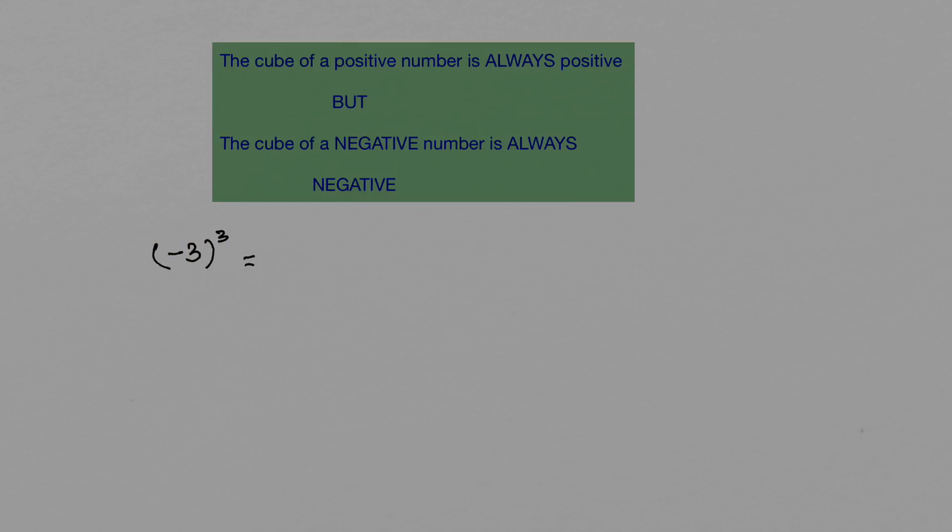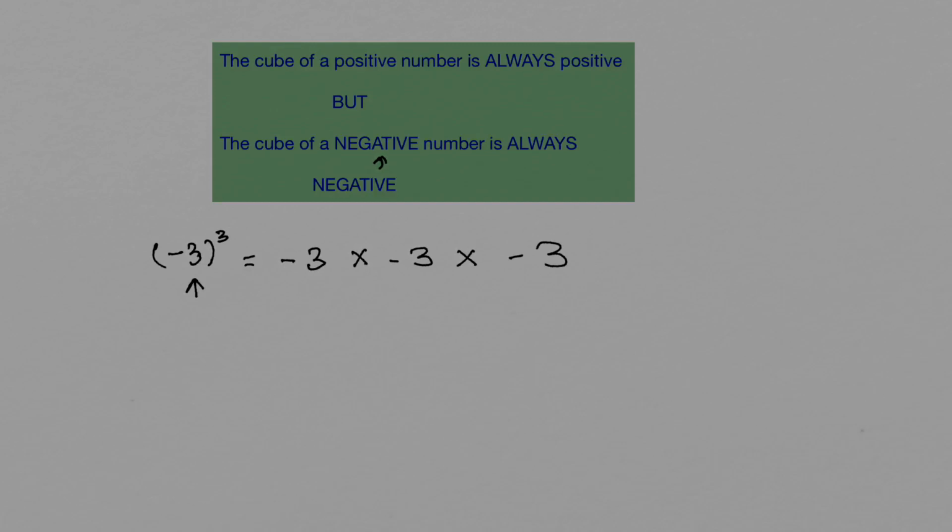However, for the negative numbers, like we have minus 3 cube, the answer would always be negative. Let's see how. The first thing we've got to do is go to the main first principle of cubes, which is you've got to times the number by itself. How many times? 3 times.